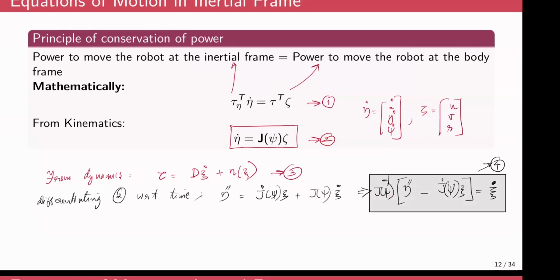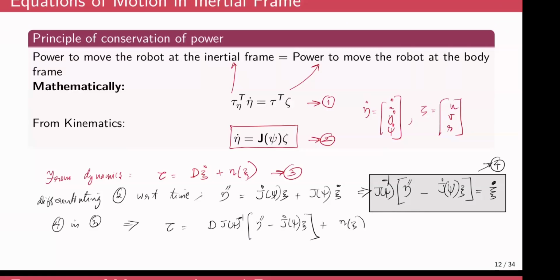Now I back-substitute equation 4 into equation 3. Instead of zeta dot, I substitute what we obtained from equation 4. So equation 4 in equation 3, we will get tau as D multiplied by J of psi inverse, eta double dot minus J dot of psi zeta, plus N of zeta.